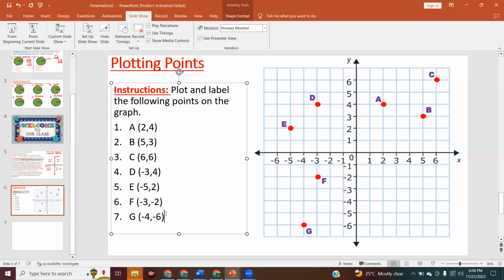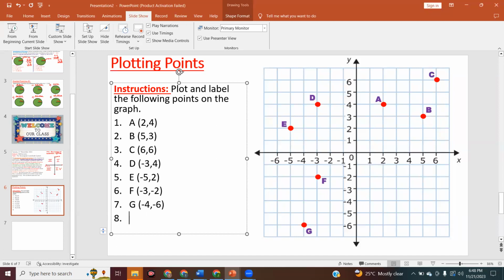What if I have H, which is 3, comma -4? Start at the x-axis at 3, and go down what? 4. Go down 4. Very good.